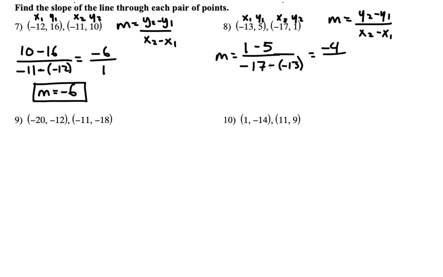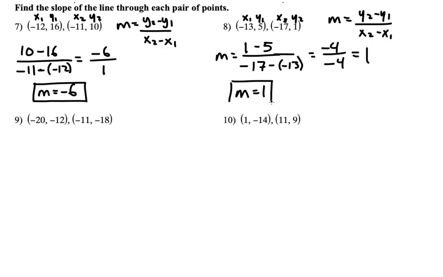Negative 17 minus negative 13, that's negative 17 plus 13, so that would be negative 4. Negative 4 over negative 4 is just equal to 1. So our final answer is m equals 1.